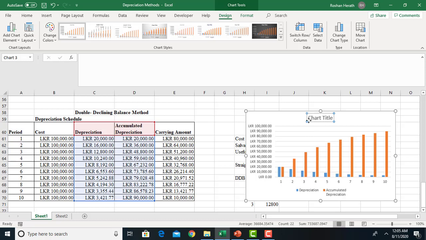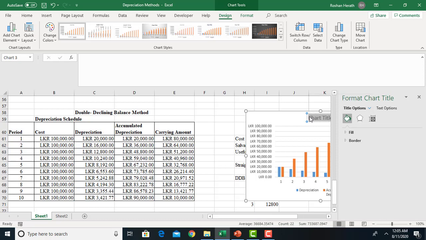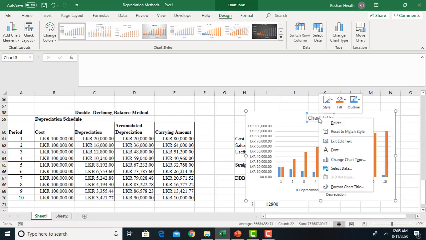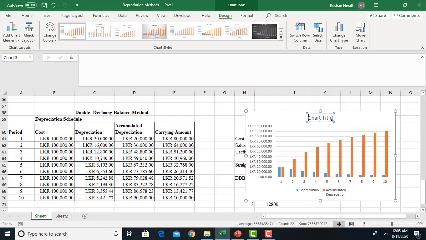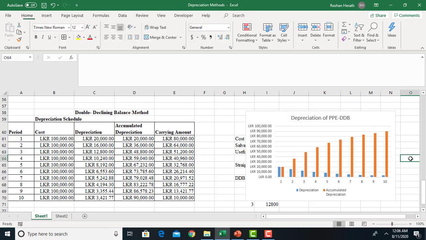So here we call it the depreciation of PPE under the double declining balance.